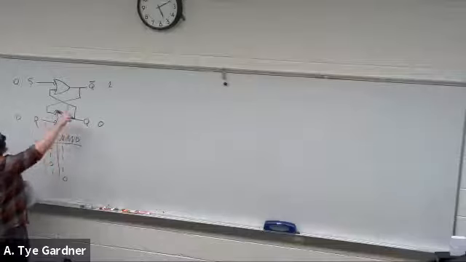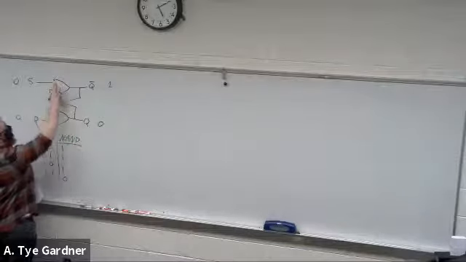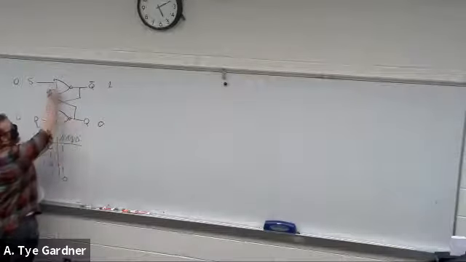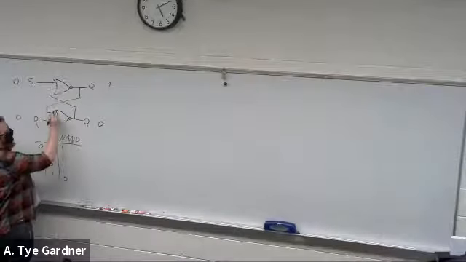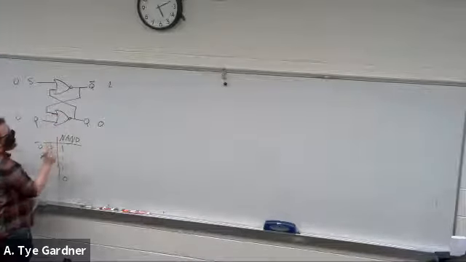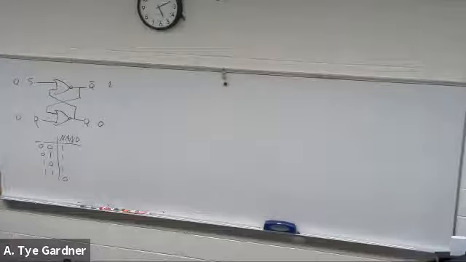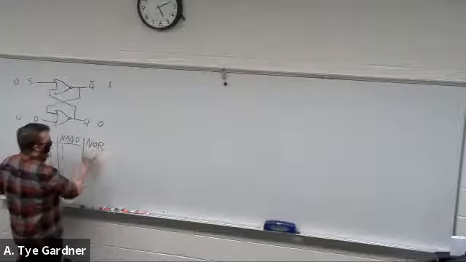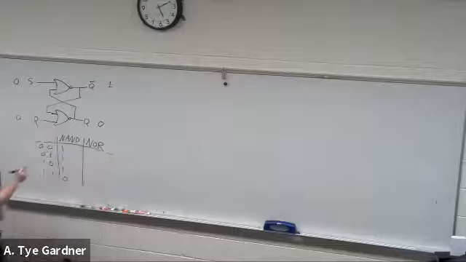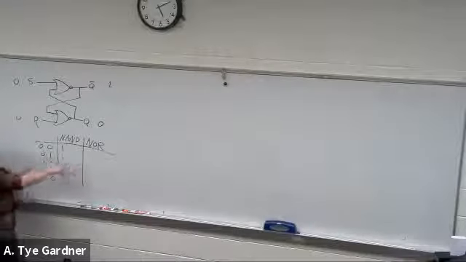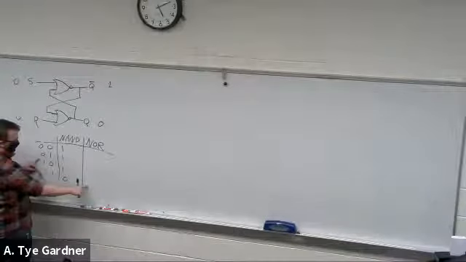So this one, the Q bar and Q naught, is actually the NOR gate circuit. This is why I like doing verifications, to make sure I'm not crazy. NOR gate, all right, let's go ahead and write the NOR table and make sure this thing works. NOR is not OR, right? So an OR gate would be 1, 1, 1, 0.